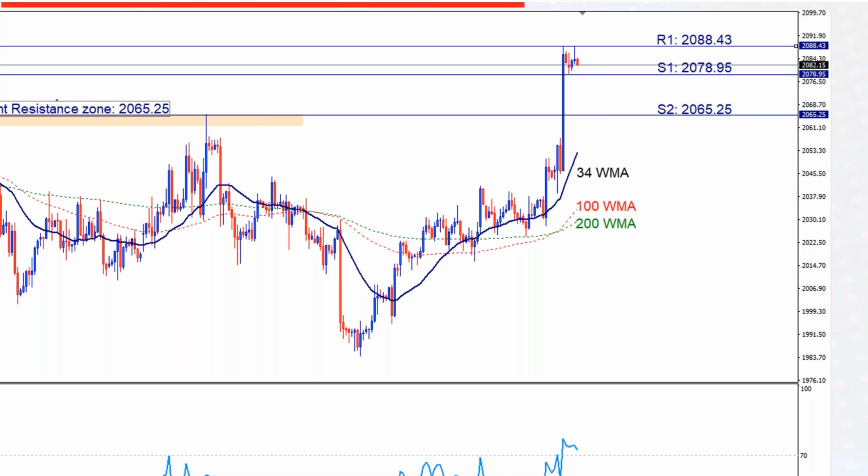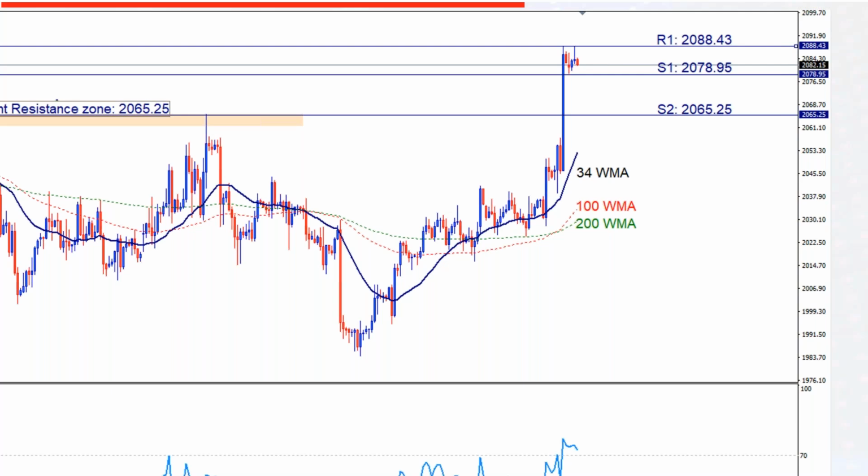Considering the WMAs, if the pullback occurs, the 34 WMA could serve as a dynamic support level, potentially halting the correction. In the event of a stronger retracement, the 100 and 200 WMAs would be the next areas to watch for potential support. The probable scenarios from this setup are as follows.